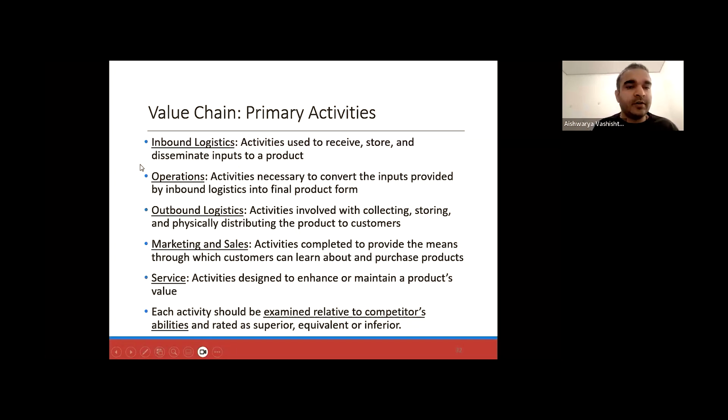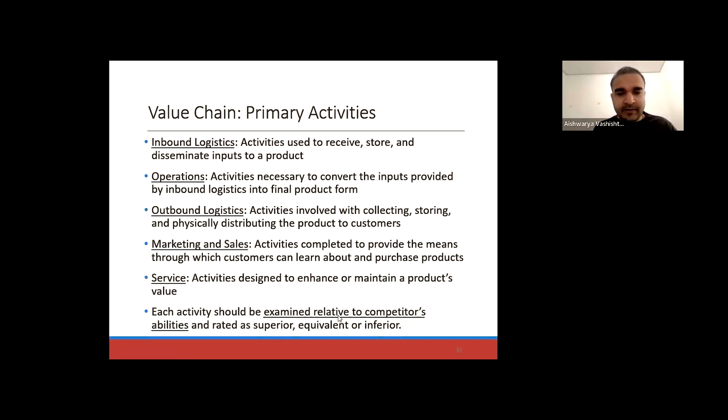Then you operate on it and convert the raw materials to your final product, and then you ship it to the distribution channels, which is outbound logistics. And then you spend on marketing and sales, letting the people know about your product, right? And then your after sales service.